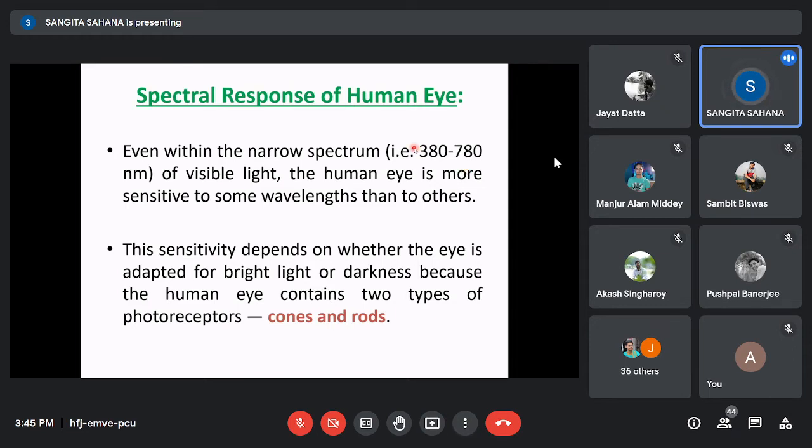But in between this 380 to 780 nanometer, it is not equally sensitive to all the wavelengths. The responsivity or the sensitivity of these two cells are different for different wavelengths. That means suppose we have the same amount of blue radiation and the same amount of yellow radiation, but we will see the yellow more.